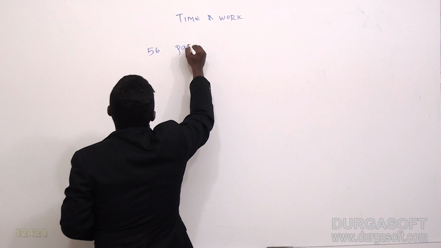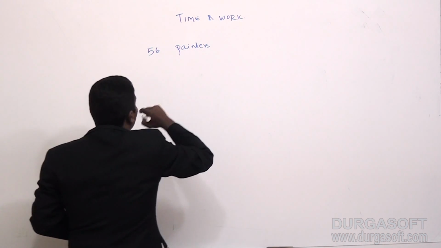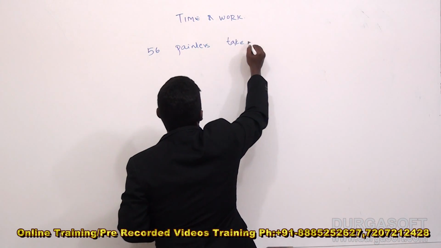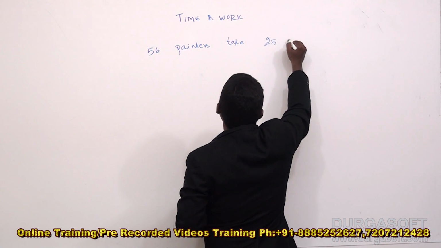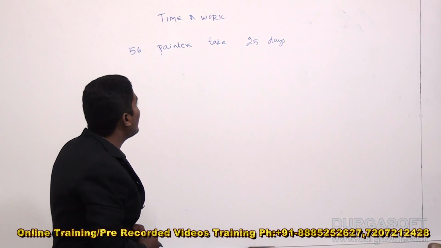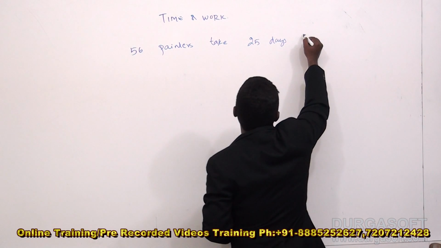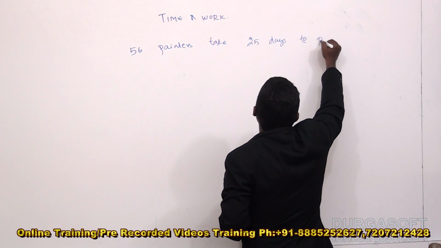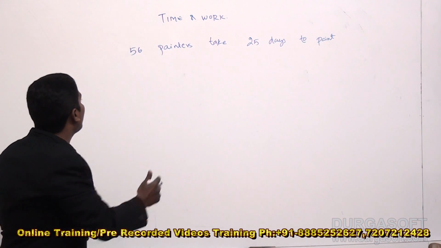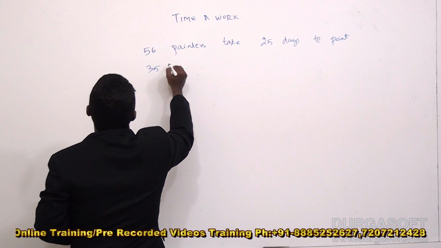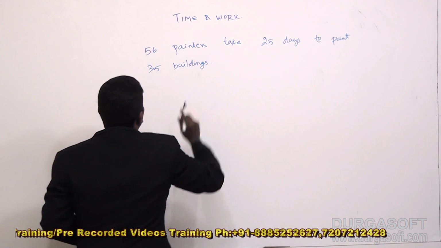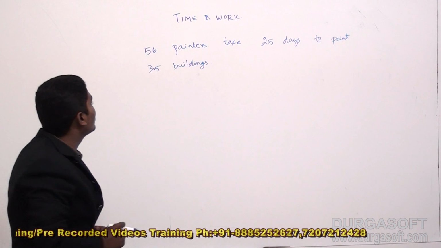56 painters take 25 days to paint 35 buildings.